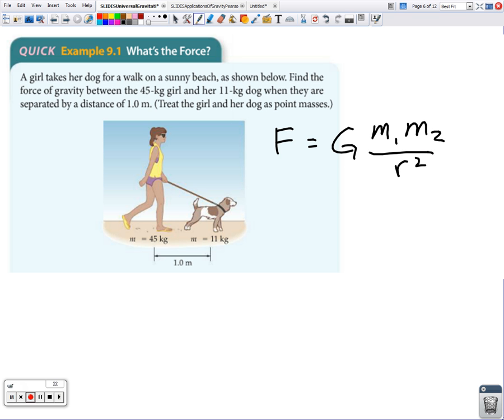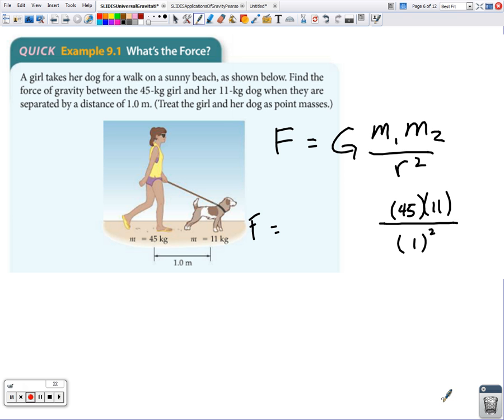There's Newton's law of universal gravity. We start plugging in things we know. The mass of the girl is 45 kilograms. The mass of her dog is 11 kilograms. They are 1 meter apart.